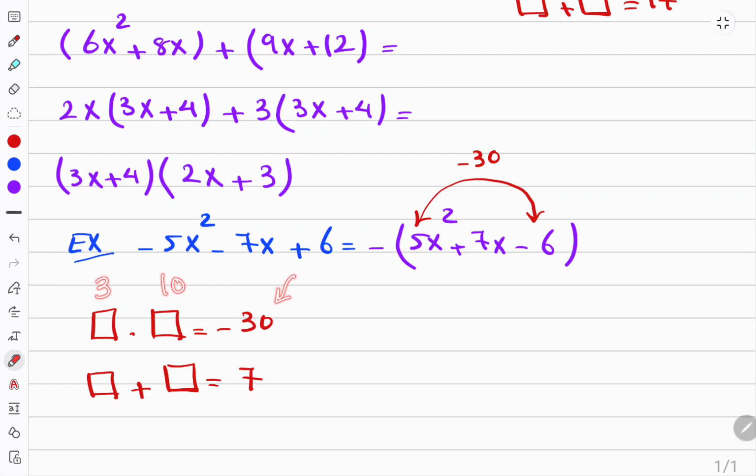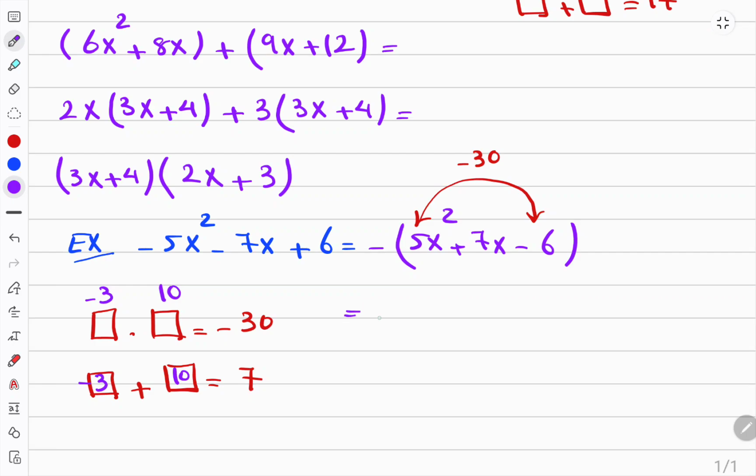One of them should be negative, but which one, 3 or 10? Because the sum is a positive number, the bigger number should be positive and the smaller one should be negative. So these two numbers are negative 3 and positive 10, and negative 3 plus 10 is positive 7.